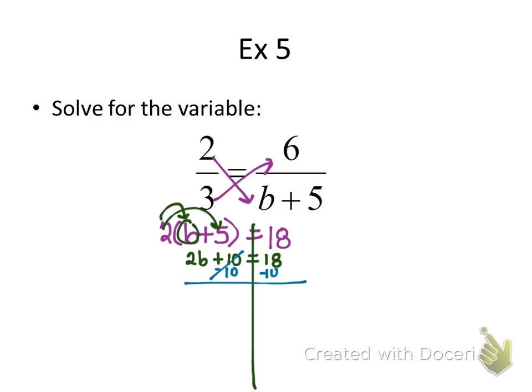So on my left side, I bring down 2b. And then on my right side, I go ahead and evaluate. What's 18 minus 10? 8. Now how do I get the b by itself? I'm going to divide it by 2. When I take 8 divided by 2, I'm going to get 4, so b equals 4.